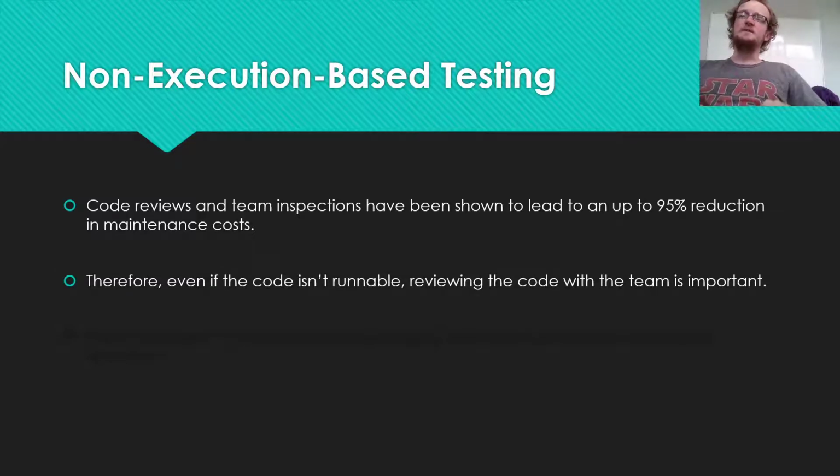The interesting thing about non-execution based testing is that you don't even have to have a runnable system. If the system is half-baked or 10% baked, or so far off the deep end with technical debt that you can't even execute it, you can still perform non-execution based testing.